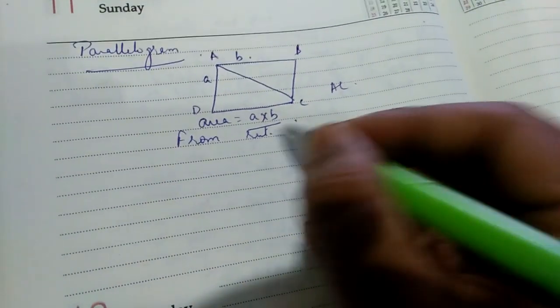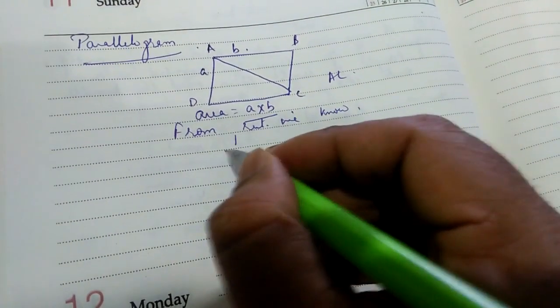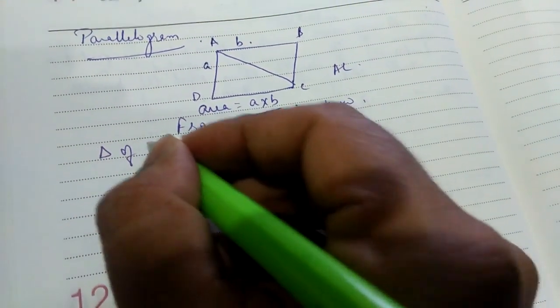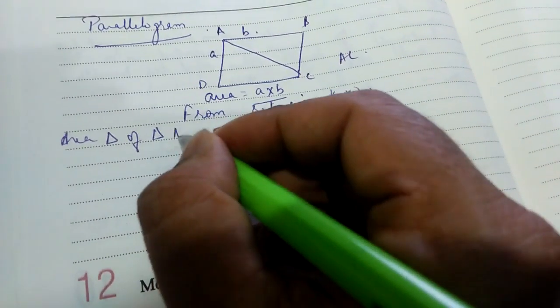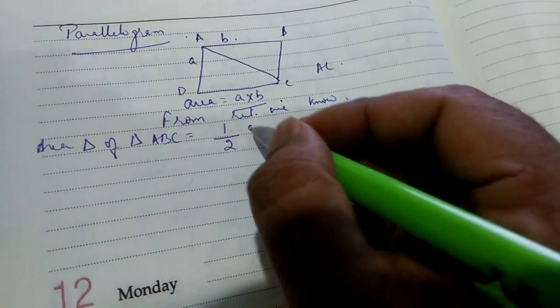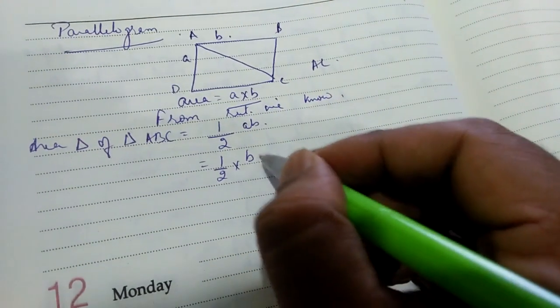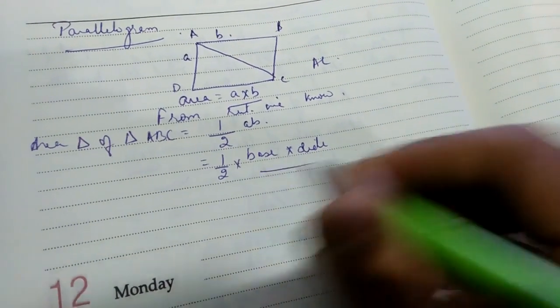From the rectangle we know that half area, the area of triangle ABC is equal to half of AB, where B is the base and A is another side. Product of two sides.